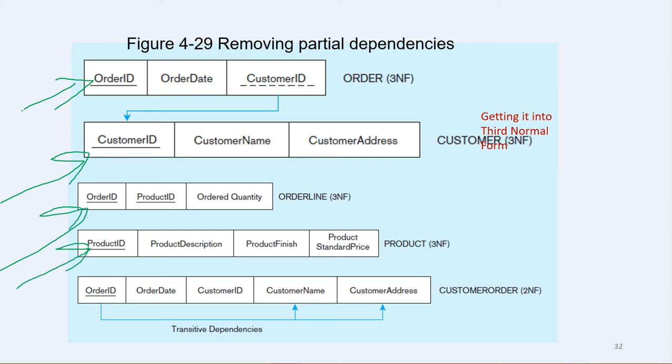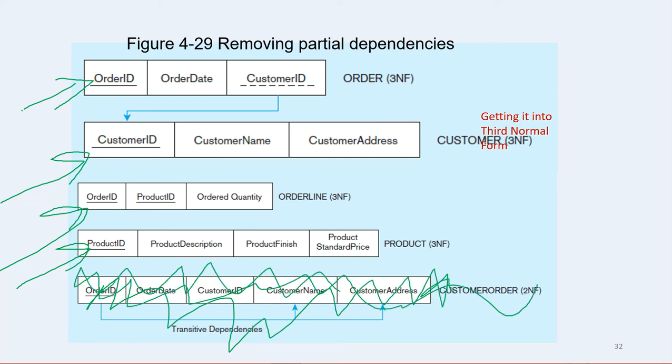Those are the 4 tables you will end up getting. This was still in 2NF. Now these 4 relationships all are in 3NF, and we will end up creating 4 tables. One will be called product table, this one customer table, this one order table, and this would be called order line table.